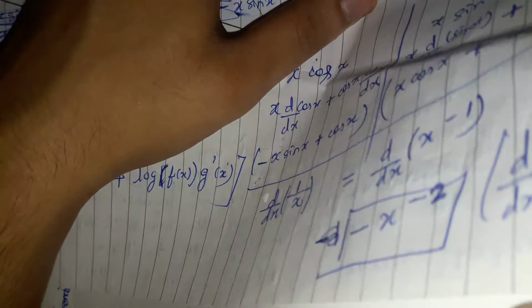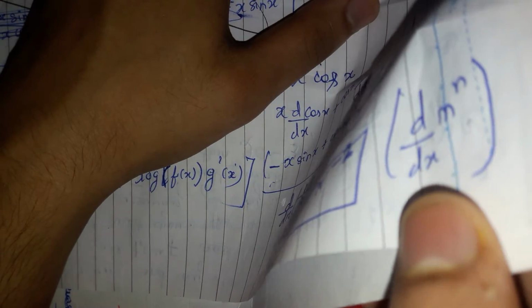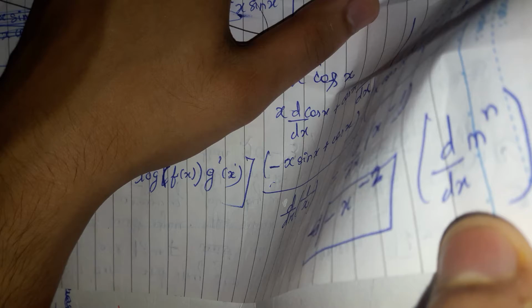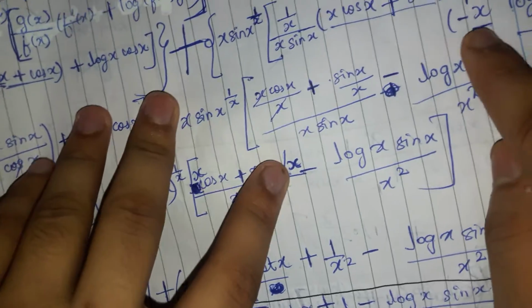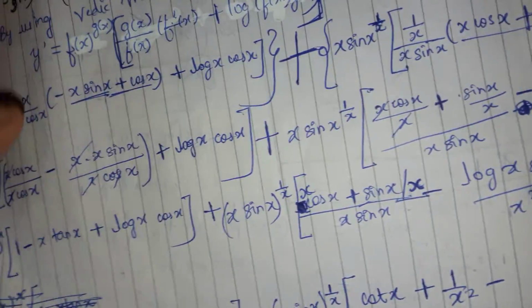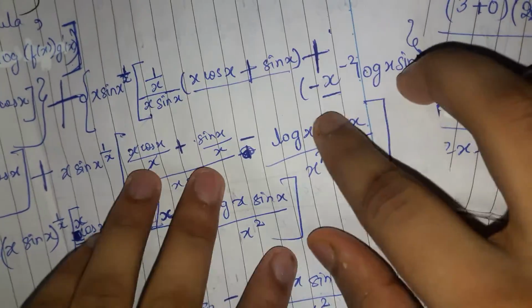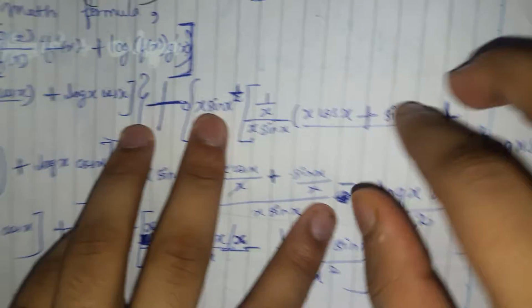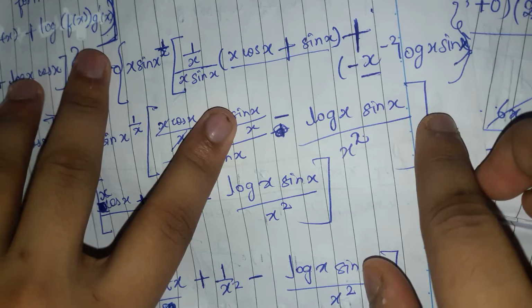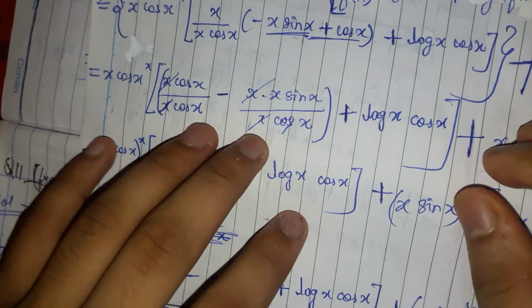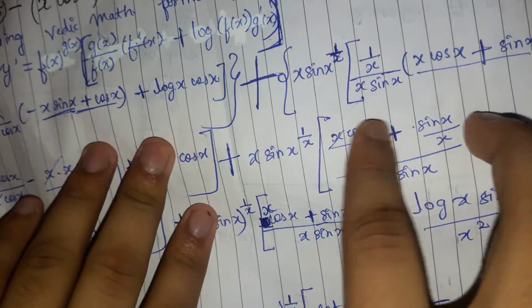I applied the formula d/dx x^n = n x^(n-1). So this becomes minus x to the power minus 2. Log f(x): f(x) is x sin x, so log x sin x. So this is the first part, this is the second part.